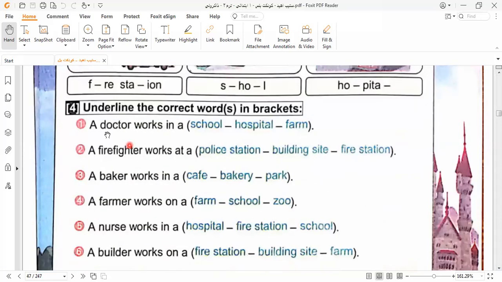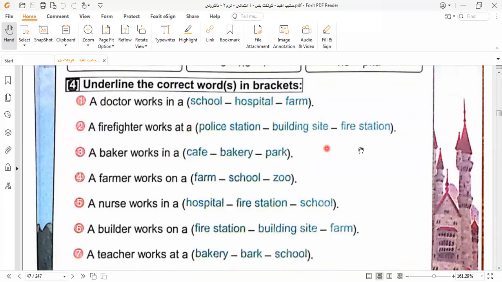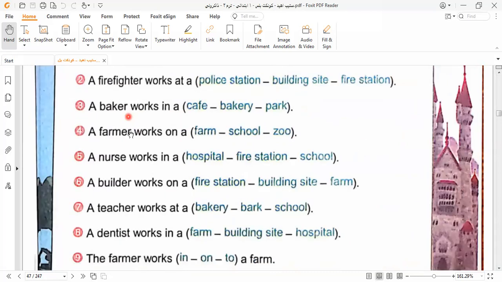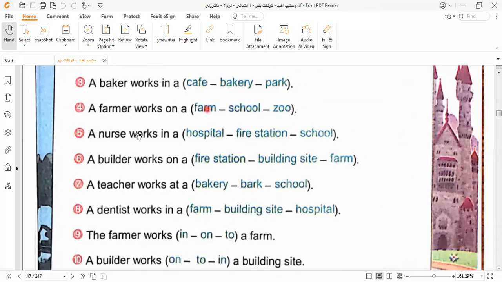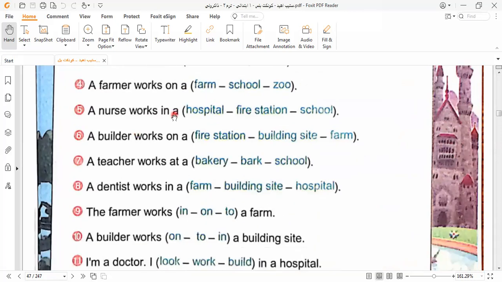I leave the rest to do as well. Let's answer this question. A doctor works in a what? In hospital. So I select this one. A firefighter works at a fire station. A baker works in what? In a bakery. A farmer works in what? In a farm. A nurse works in what? In a hospital. By logic, all of us see the nurse is the assistant of the doctor.